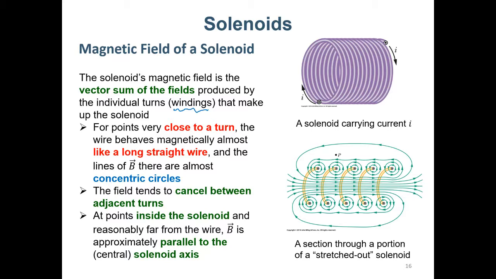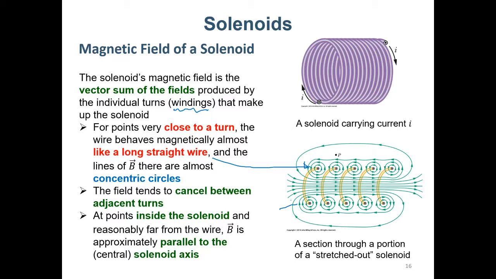For a point very close to a turn, the wire behaves magnetically almost like a long straight wire. So let's talk about this part. There are almost concentric circles, and you need to use the right hand rule to determine the direction.